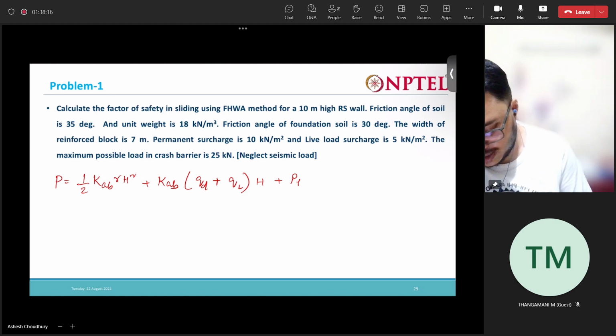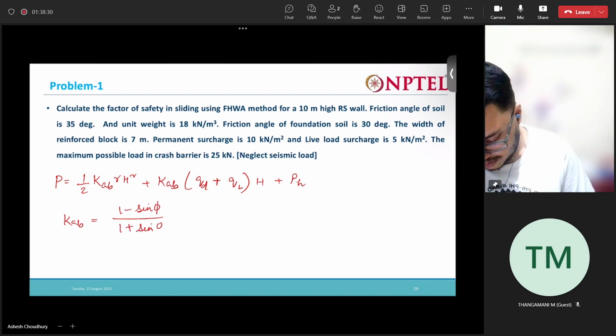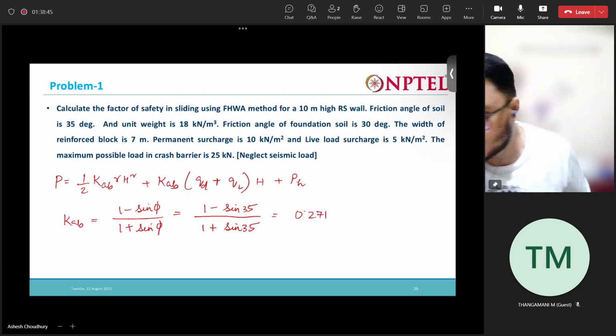Now for that we need to determine Ka. So what is Ka? Ka is 1 minus sine phi over 1 plus sine phi. So we got Ka.